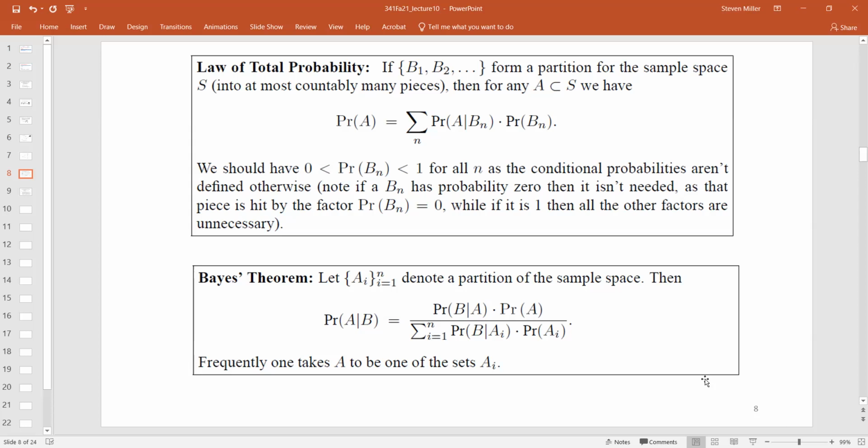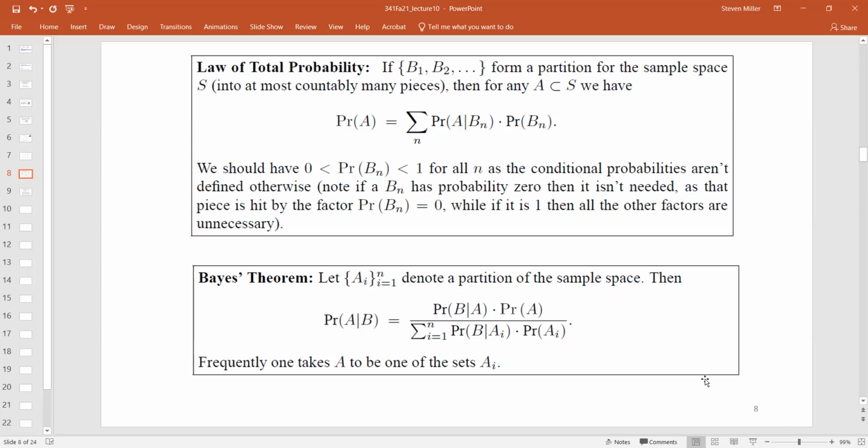Now, we should technically have the probability of Bn greater than 0. Because when we talk about conditional probability, the probability of Bn should be positive. Otherwise, what does it mean to say, what's the probability A happens given B happens, and B can't happen? But if you look at a formula like this, I'm multiplying it by the probability of Bn.